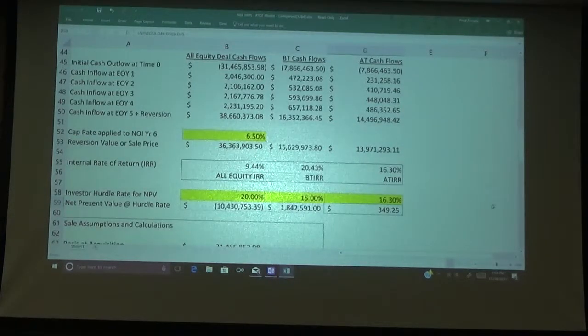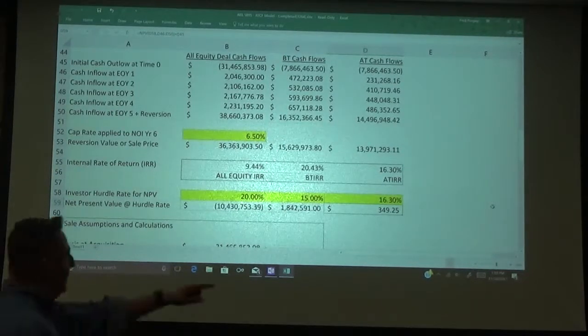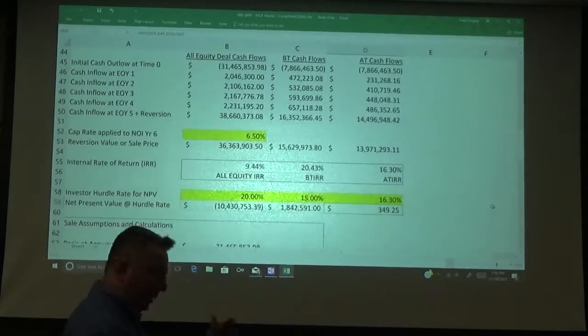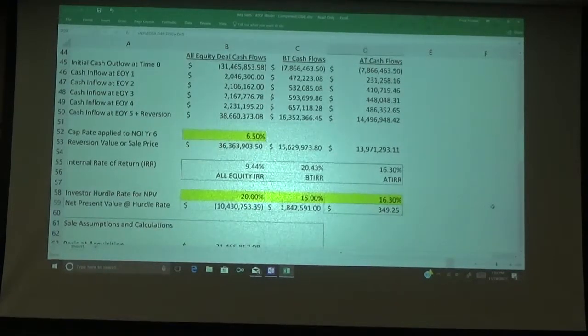Or $349, but only because we're rounding, okay? Because then they equal, and therefore you end up with basically a zero net present value. Okay? Because where your internal rate of return is equal to your hurdle rate, your net present value is equal to zero. Okay? All right?